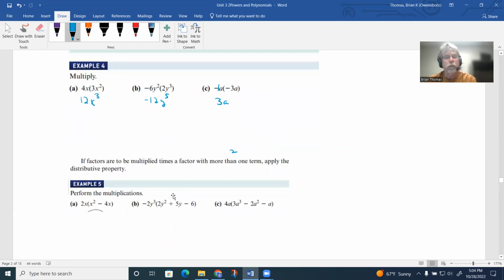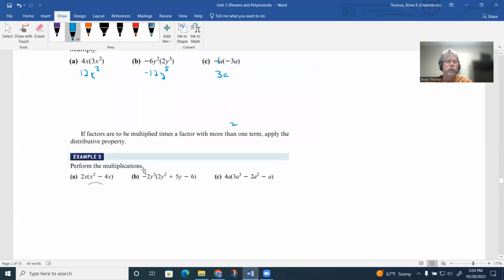So if factors are to be multiplied times a factor with more than one term, we have to apply the distributive property. So remember, factors are connected by multiplication. So here, the 2x would be considered a factor. And since the x squared minus 4x is in parentheses, that all becomes a factor. Now, to perform multiplication, we must distribute the 2x through the parentheses.